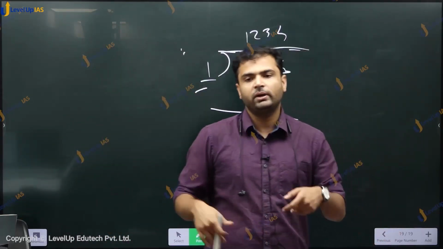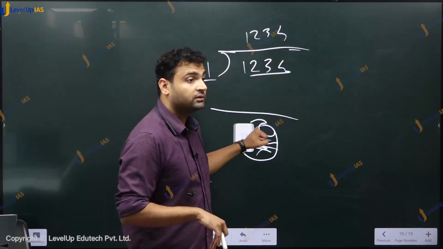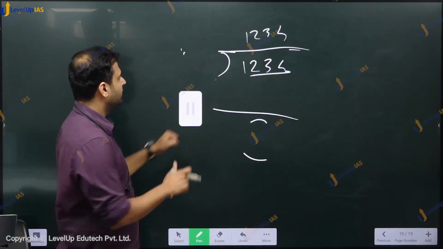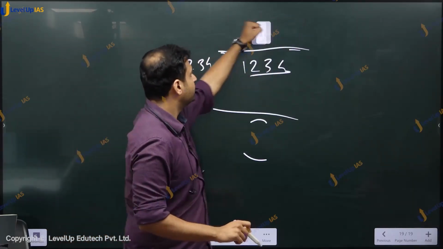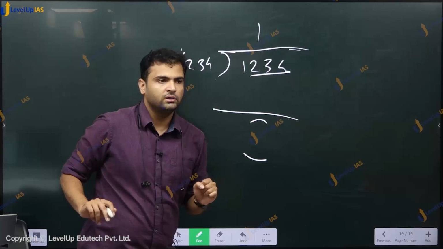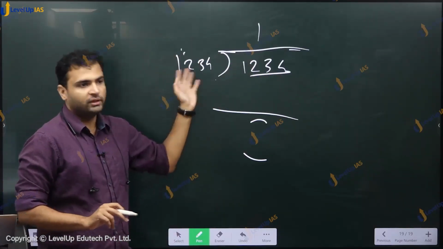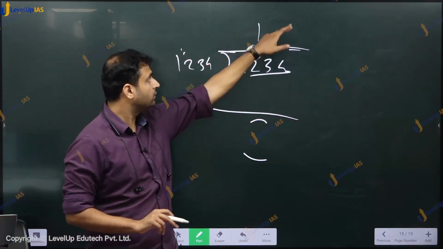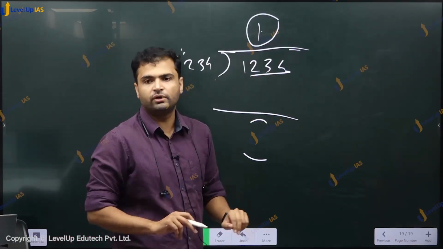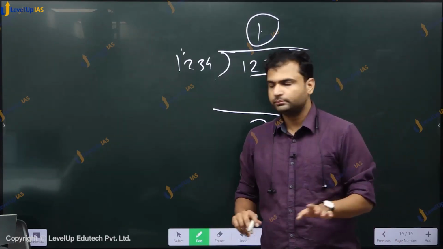Every number divided by itself is 1. 1234 divided by 1234, quotient is 1, remainder is 0. So number is always divisible by itself, or number is always factor of itself, and division is always 1. Number divided by itself is always 1.